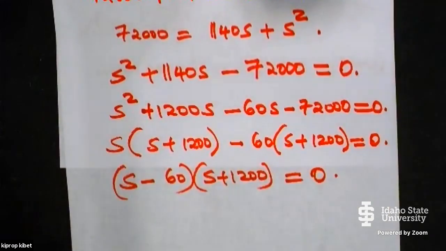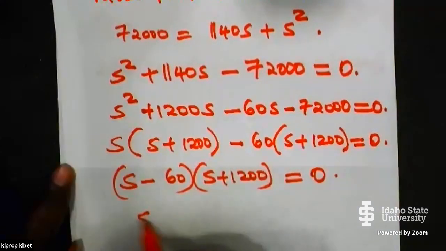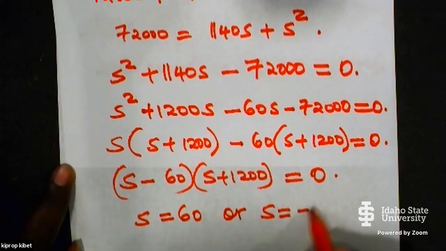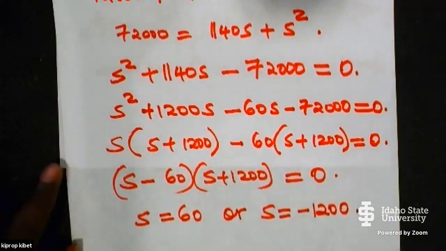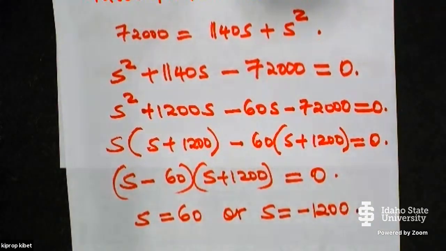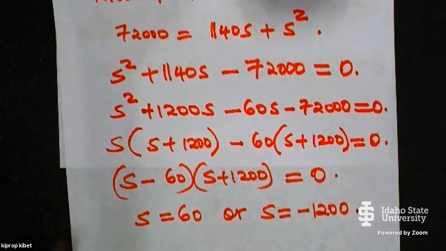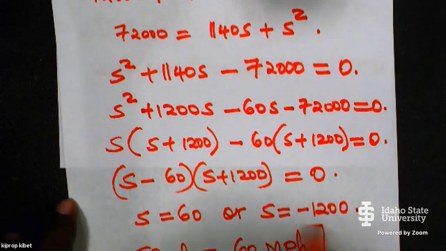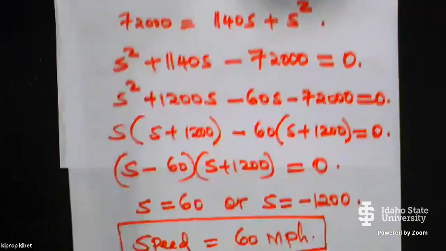Using the zero product property, you get S equals 60 or S equals minus 1,200. Definitely we don't have a negative speed, so we go for 60. The speed of the car would be 60 miles per hour.